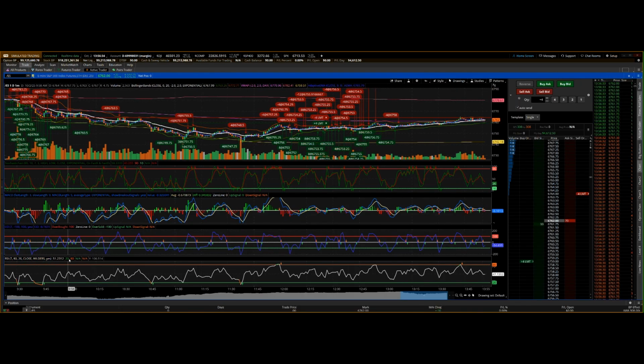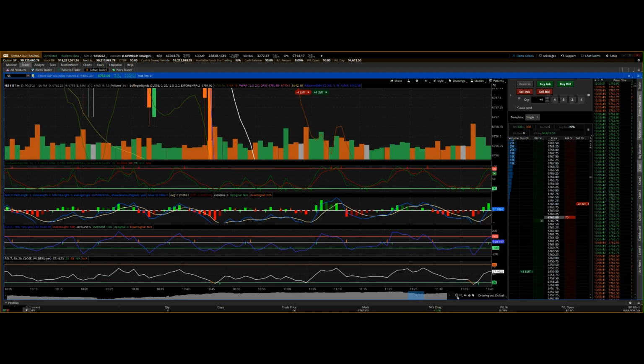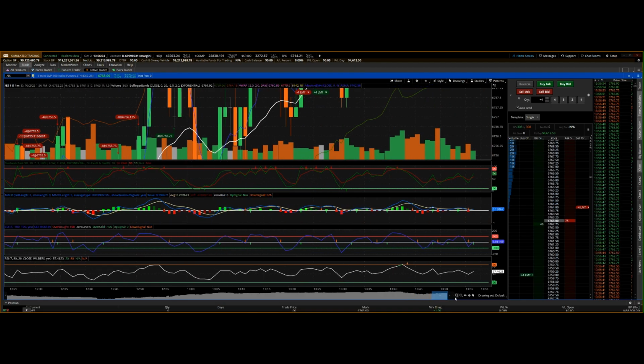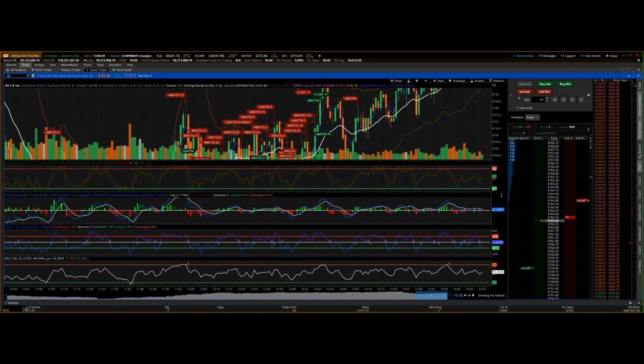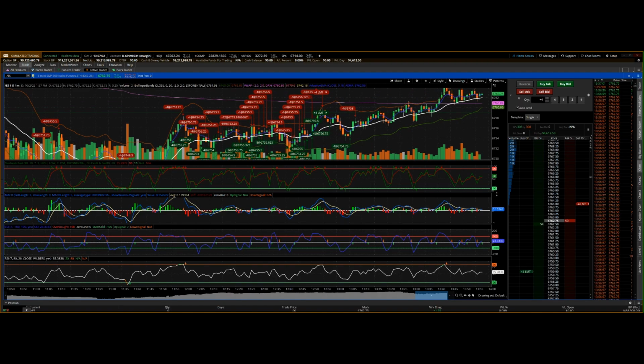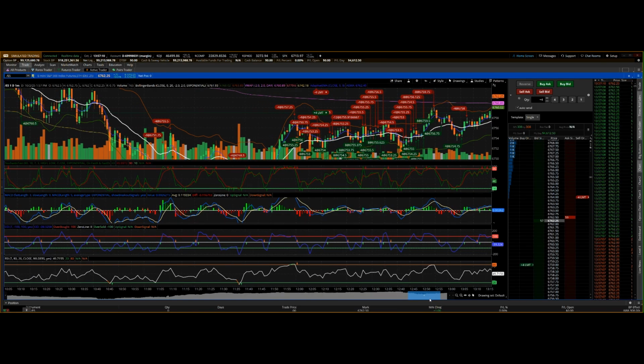Then things kind of settled down from around 10 o'clock. This was the high volume here, and then the volume dropped off. Things slowed down, and I was able to have more positive trades after 10 o'clock.